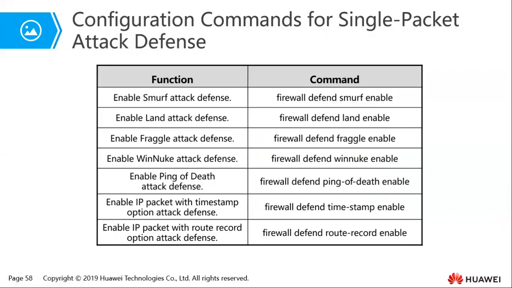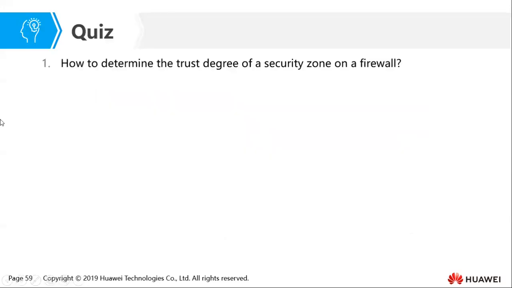For example, the command to enable smurf attack defense is firewall defend smurf enable. For enabling land attack defense, the command is firewall defend land enable, etc. You're going to meet some of those again in the lab.